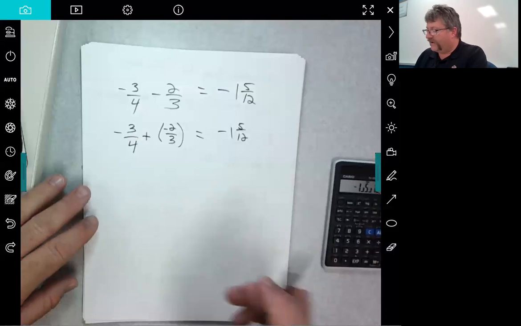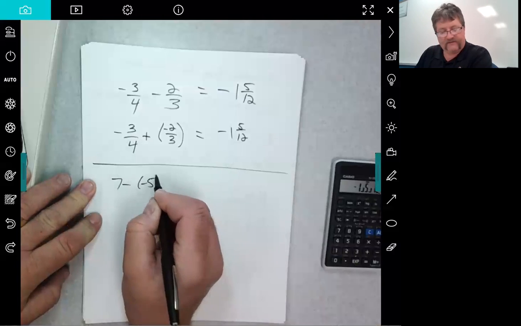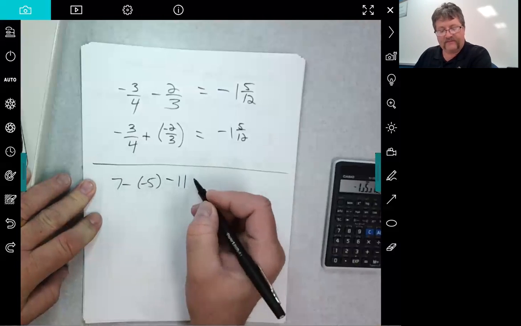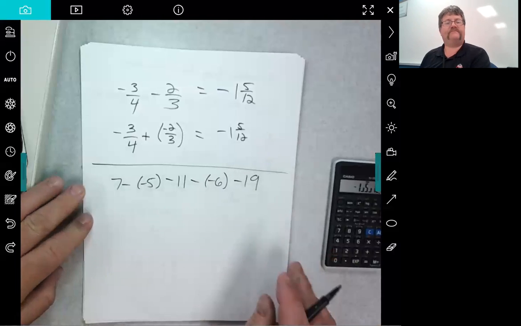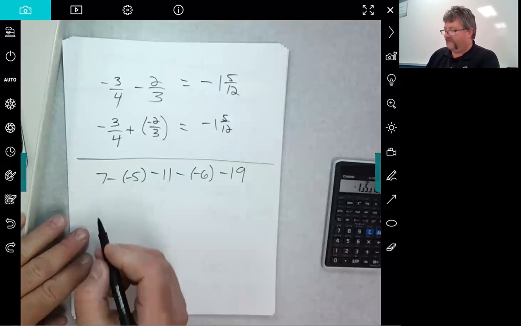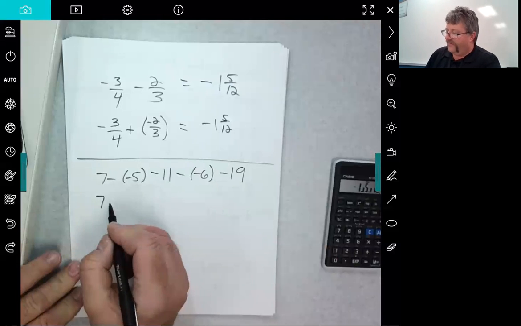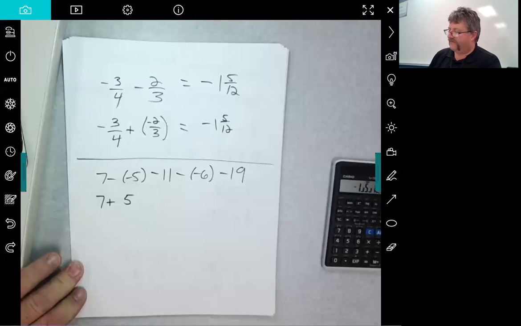Okay, what if we got a bunch of problems here? What if we have 7 minus negative 5, minus 11, minus negative 6, minus 19? The book's going to say, or the instructor might say, we're going to change all those subtractions to add the opposite. That number stays. This becomes plus. That becomes its opposite, which is positive 5.